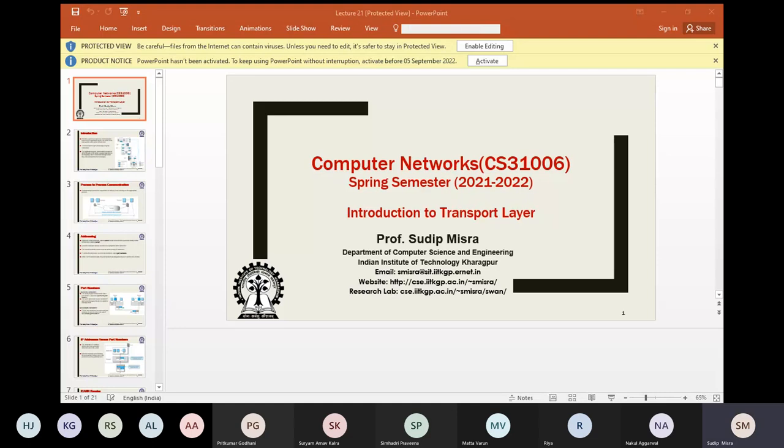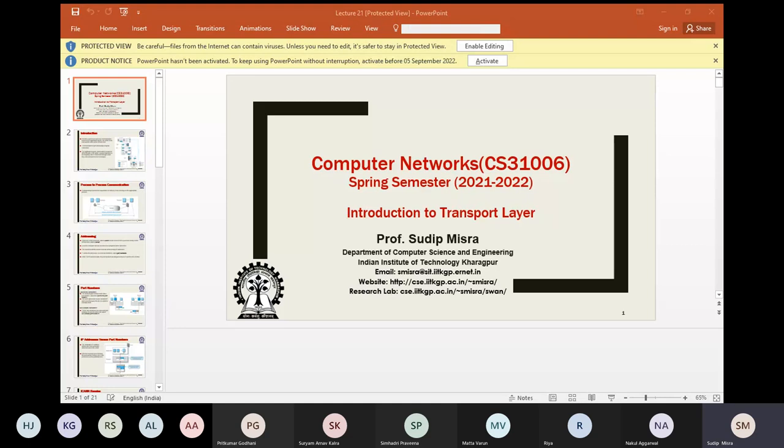The processes get access to the data through these ports. That is the reason process to process communication ultimately comes down to port to port. Some people prefer to call it port to port also.